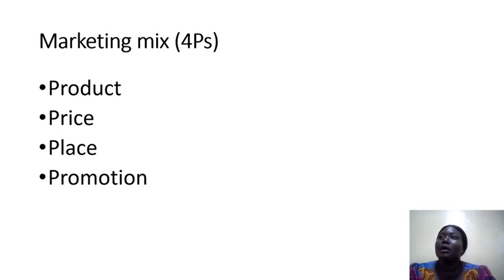Maybe a celebrity wears a particular type of fabric or garment and uses it online. So the celebrity is promoting your item or your product for you, or through sponsorship.